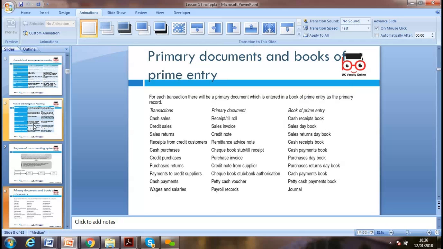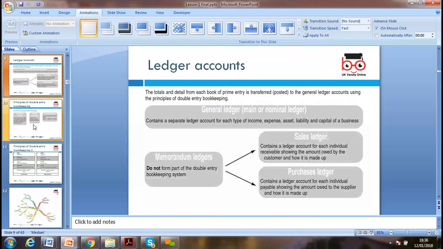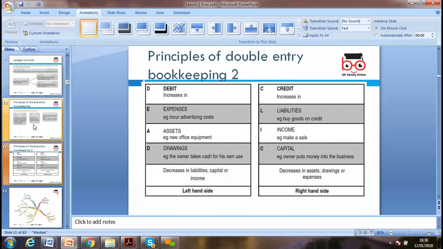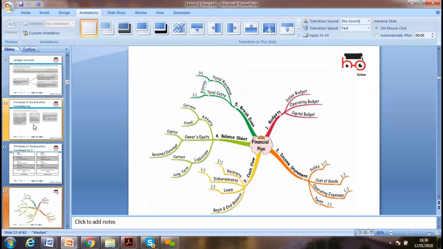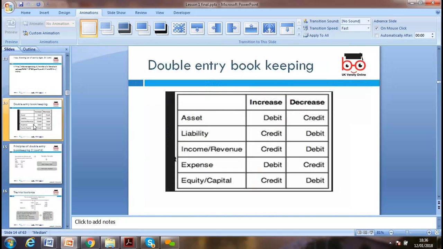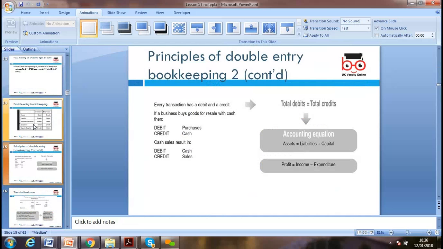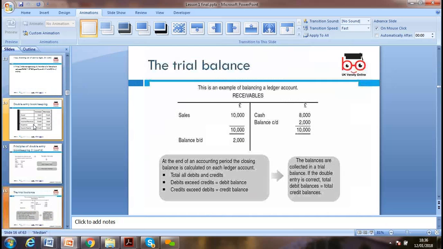Then we discussed journal ledgers and bookkeeping rules: debit and credit, assets, liabilities and income. Then we discussed the accounting equation: assets equal liabilities plus capital, profit minus expenses.